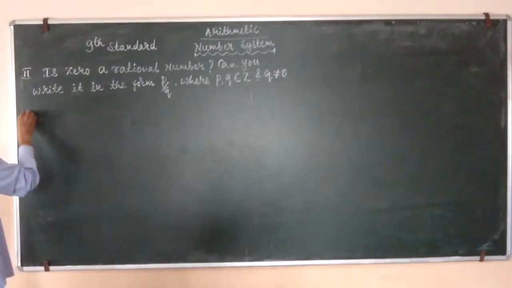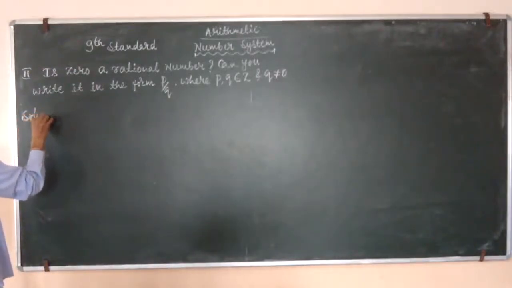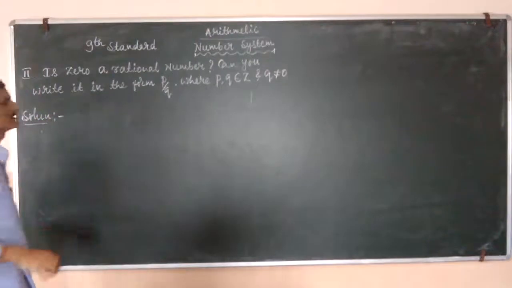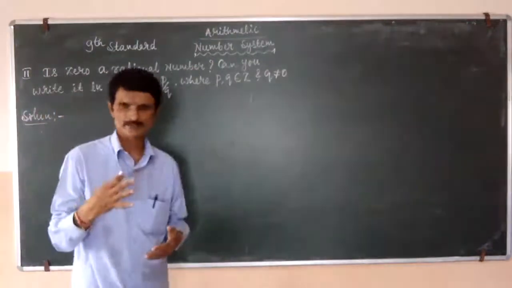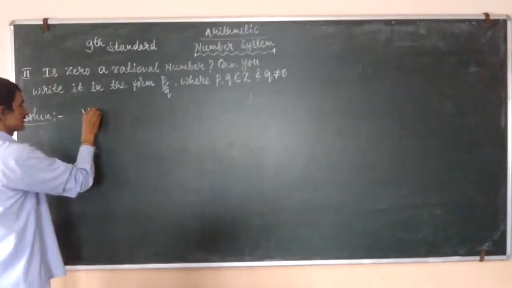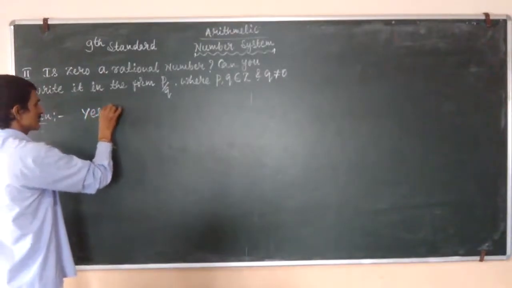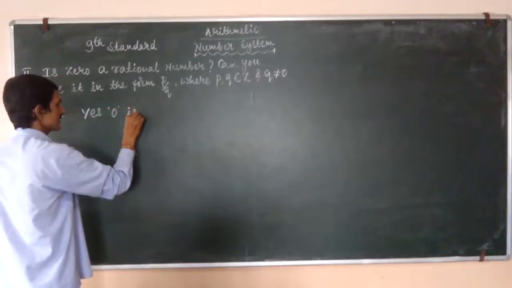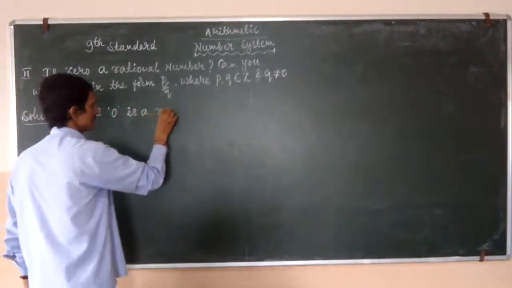Students, so the solution for this is yes. 0 is a rational number. I can accept it. Yes, 0 is a rational number.